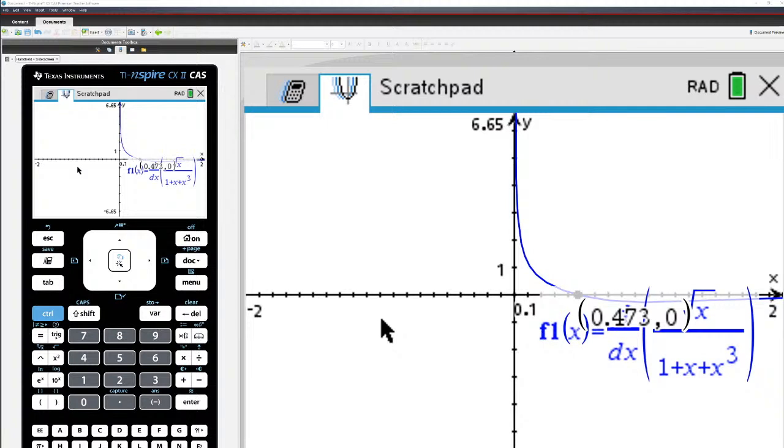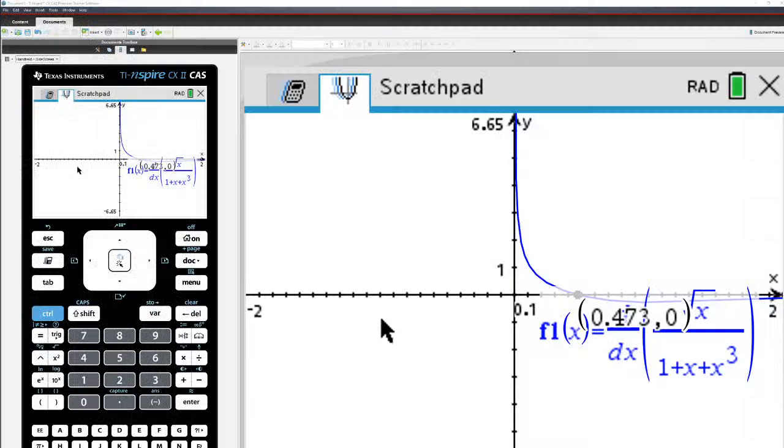When we have like x cubed times x squared, that's when we add exponents. So let's get this going.